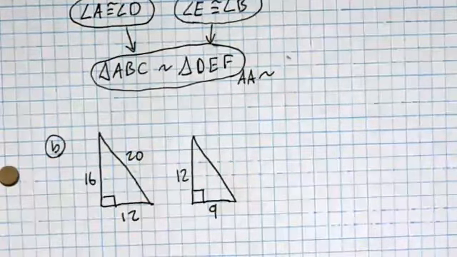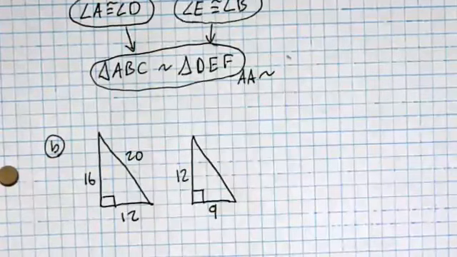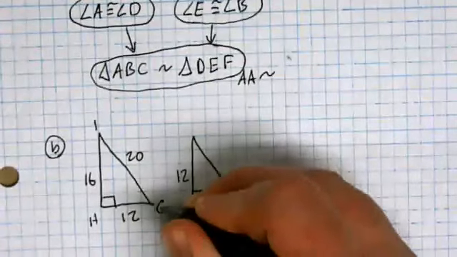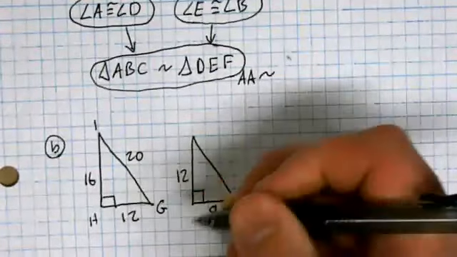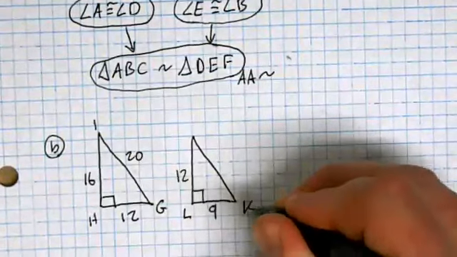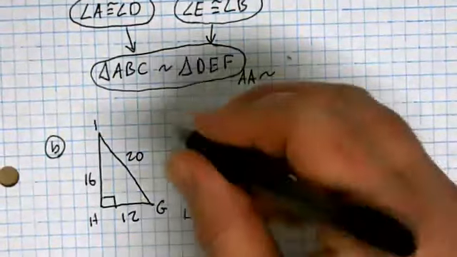Oh, yeah, we want our letters too. Thank you. HIG for the first one. And my right angle was L. On the other side of the 9 was K. And on the other side of the L, or the 12, was J.